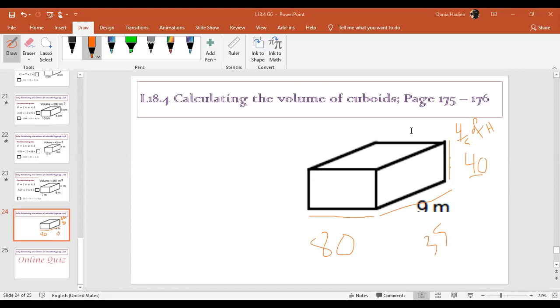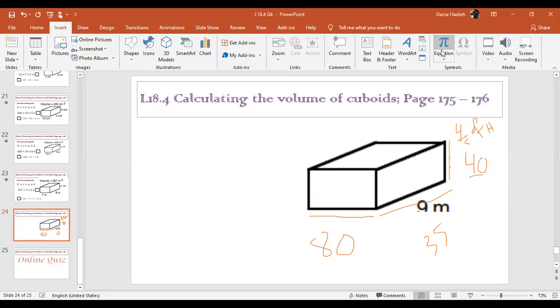I'm going to solve it in 2 different ways. If I want to solve it using four-fifths of the height, let's write an equation here.